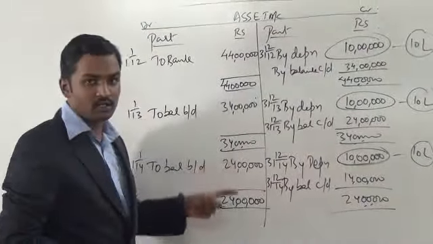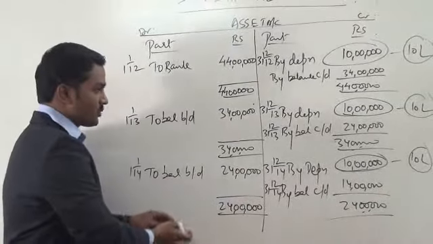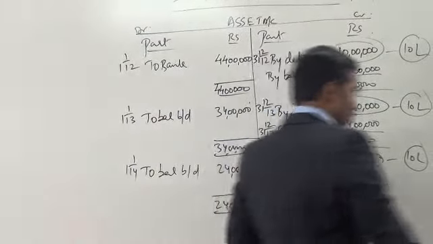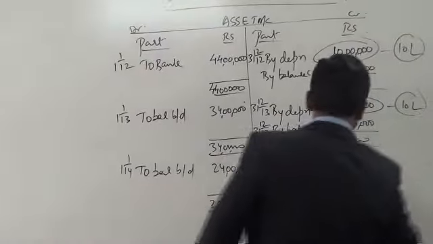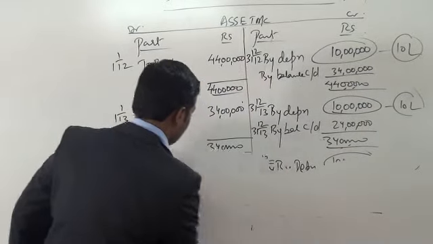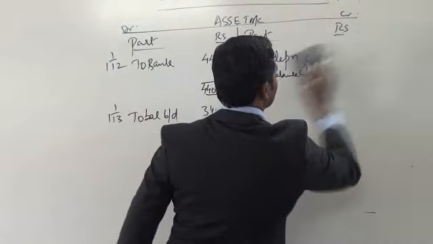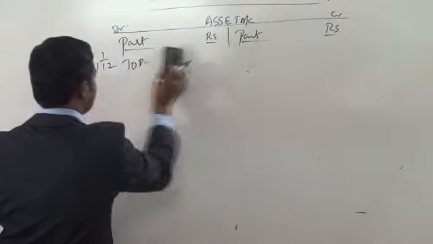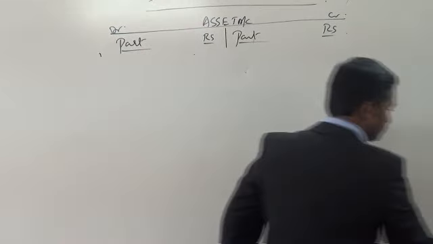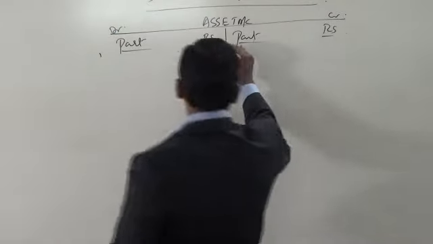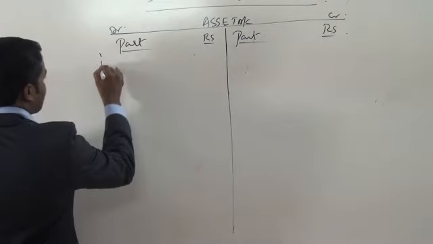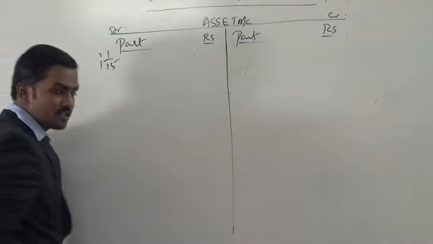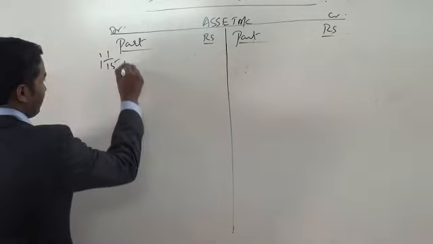Now we have to prepare the asset account for one more year. So because the space is not sufficient, I'll go to the top of the page. 1st January 2015, that is the 4th year, last year in the life.